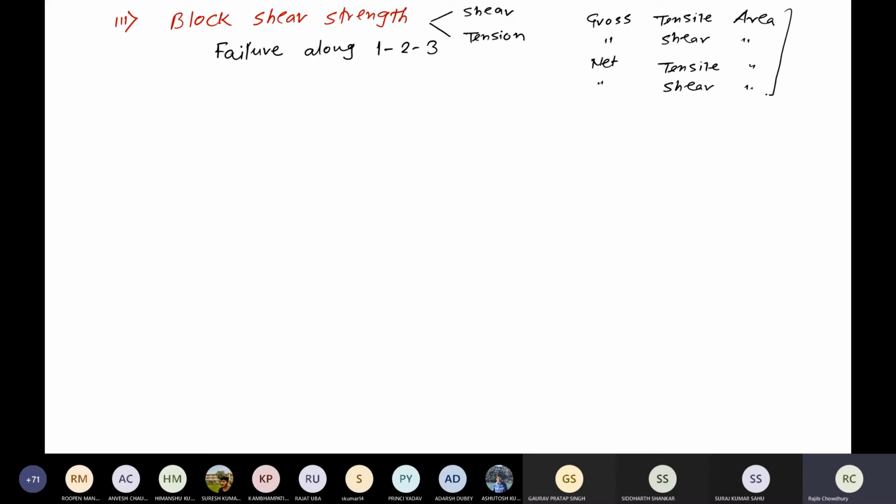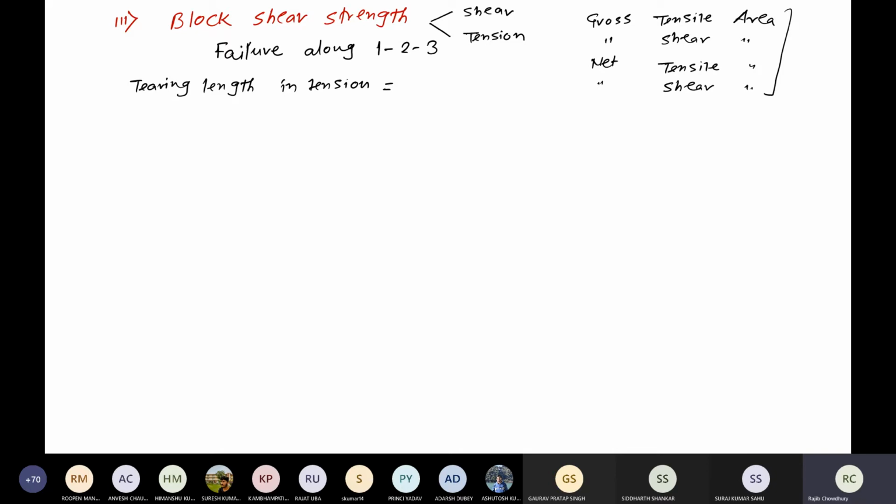These are the four components that we require to find. That is the only thing that hinders the entire calculation. So, the tearing length in tension.